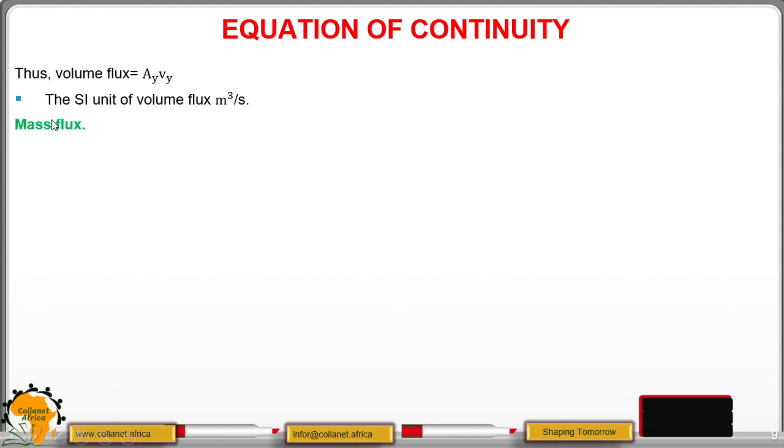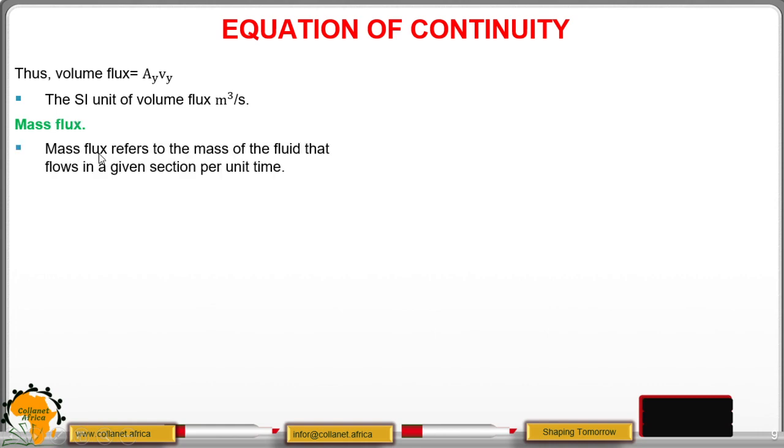Next, we have the mass flux. And what is mass flux? The mass flux refers to the mass of the fluid that flows in a given section per unit time. From this equation, whereby we have density given by mass over volume, it means that mass will be given by density times volume. You will get that by cross multiplying.